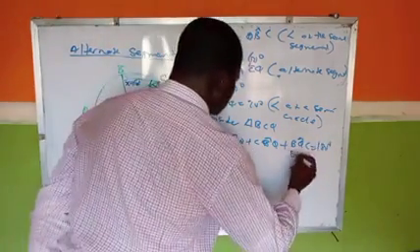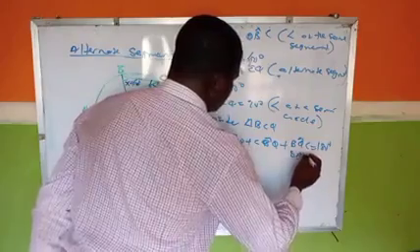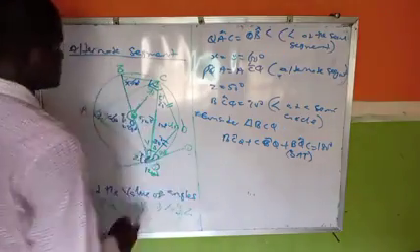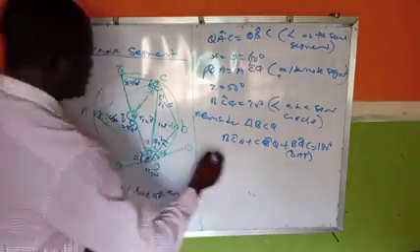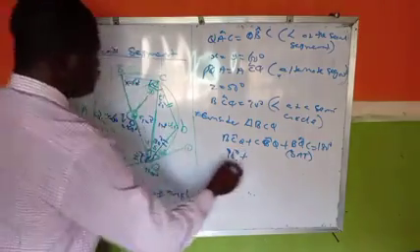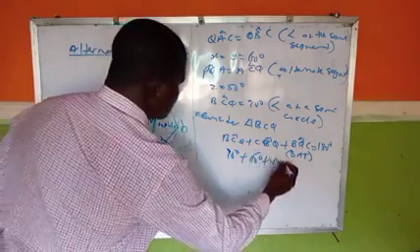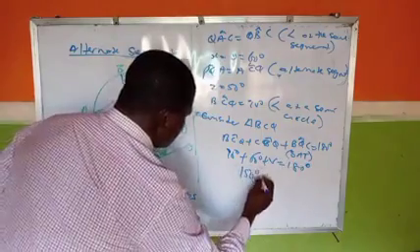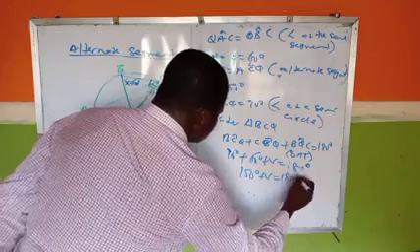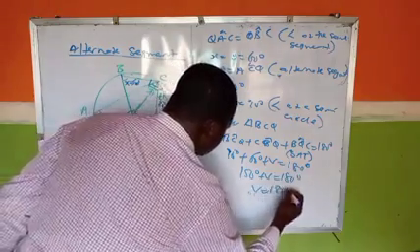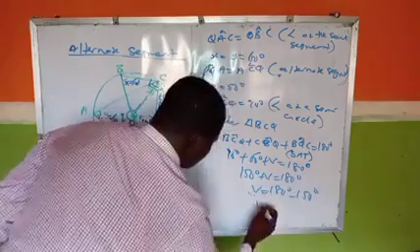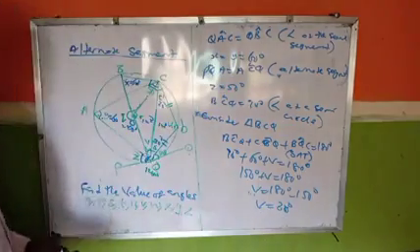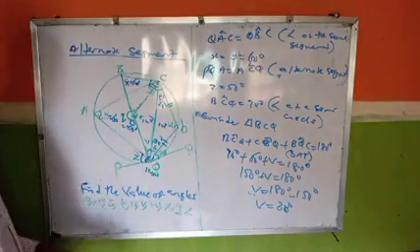That's sum of angles in a triangle. So angle C is 90 degrees, angle B is 60 degrees, plus V equals 180 degrees. So here you have 150 degrees plus V equals 180 degrees. Then V equals 180 degrees minus 150 degrees. V equals 30 degrees. So that's it. Which other one again?